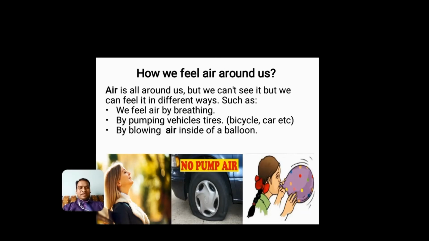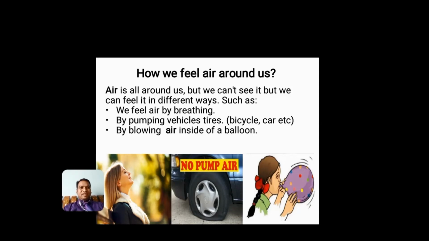So how do we feel air around us, because we cannot see the air? Air is all around us but we cannot see it, but we can feel it in different ways. We feel air by breathing, by pumping vehicle tires like bicycle, car, etc., and by blowing air inside a balloon.